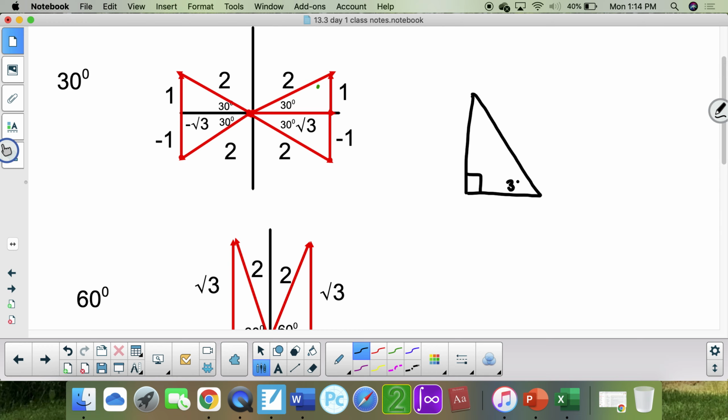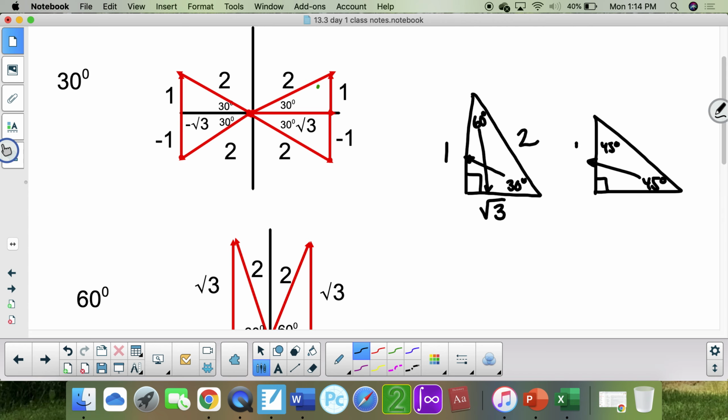A 30, 60, 90 triangle, and the side opposite of 30 is 1, the side opposite of 60 is √3, and the hypotenuse on a 30, 60, 90 triangle is 2. And the other triangle that you have to know is a 45, 45, 90 triangle, which is an isosceles.